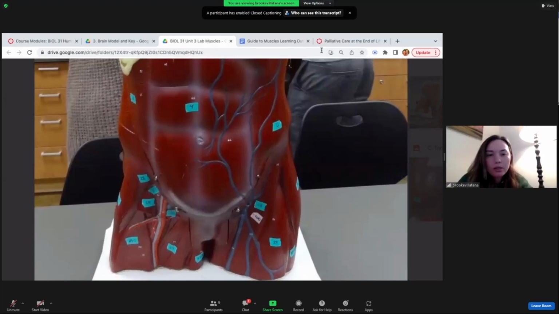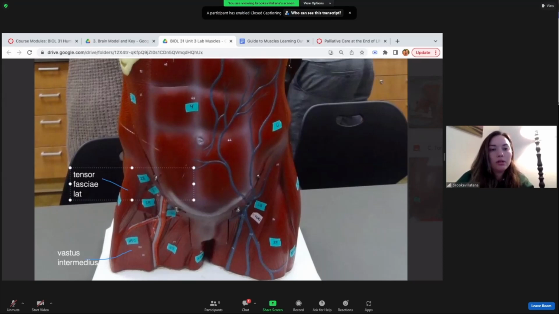So let's try to label those guys. Tensor fascia latae, you already know. Vastus intermedius, you already know. Intermedius. Tensor fascia latae. And then we have, remember we said IPA, right?